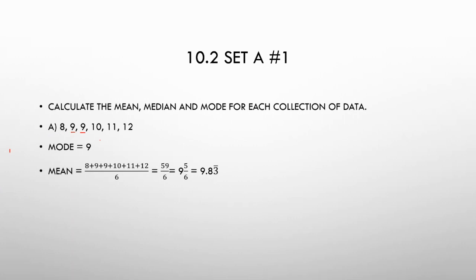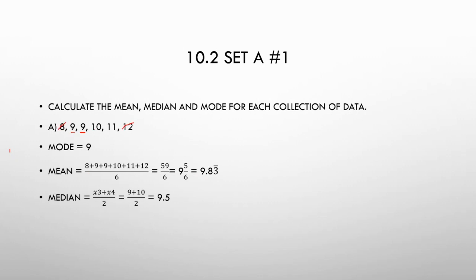To find the mean, I add up the 6 numbers and divide by 6. When I added up the numbers, I got 59, and 59 divided by 6 is 9 and 5/6, or 9.83 repeating.